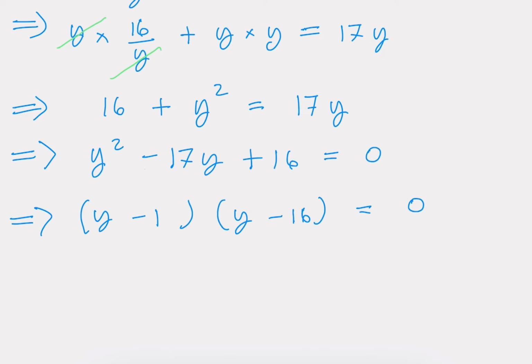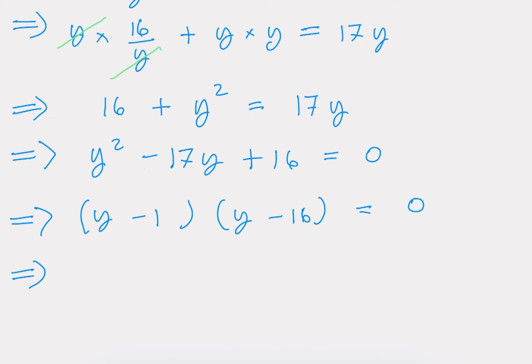And we know very well that if we add minus 1 and minus 16, we get minus 17. So therefore, that's basically how we factorize this trinomial.